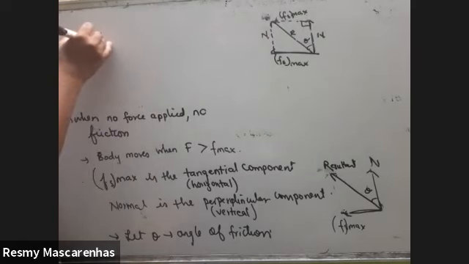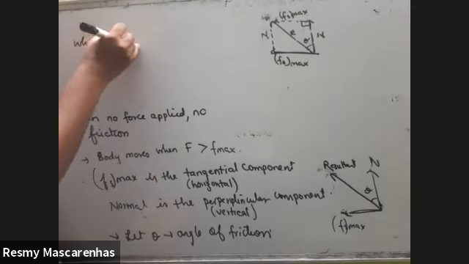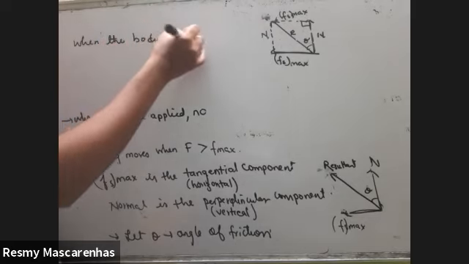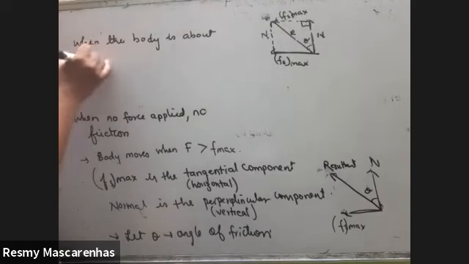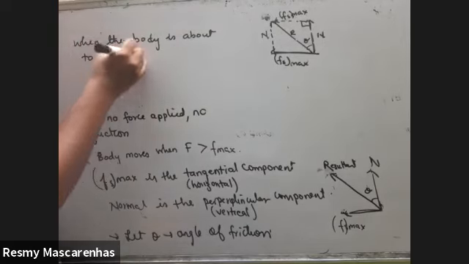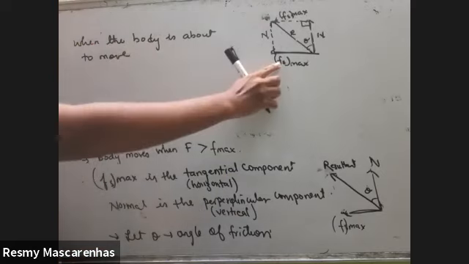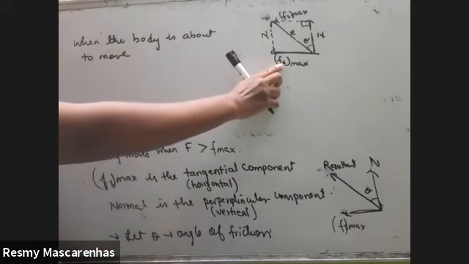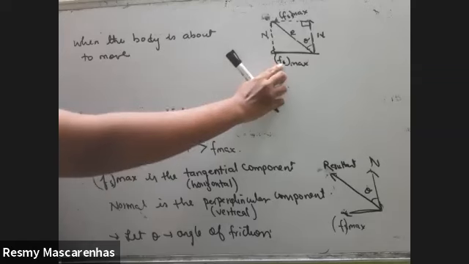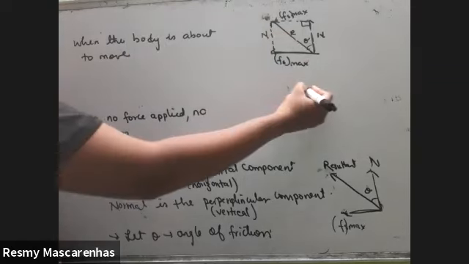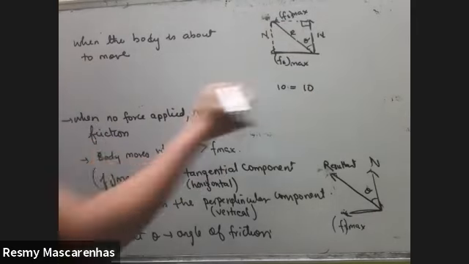So when the body is about to move, when does it start moving? When this is equal to your applied force, and the moment it starts crossing, it will start moving. So exactly at that moment, suppose this is 10 and your applied force is also 10.